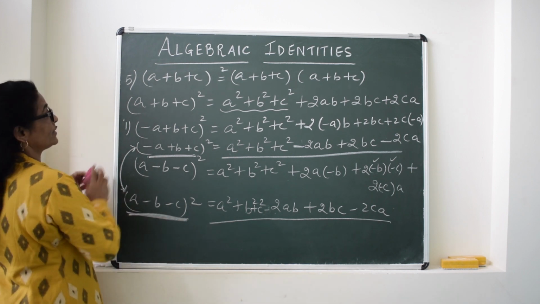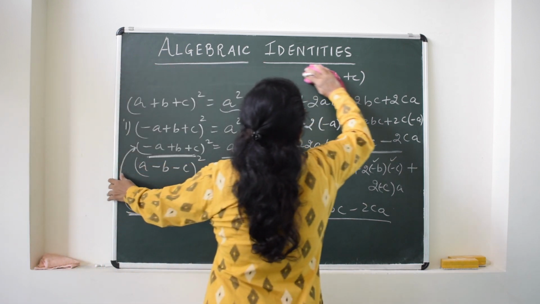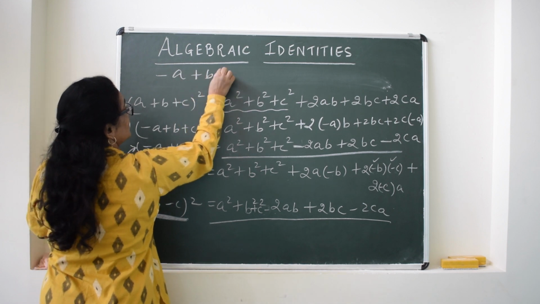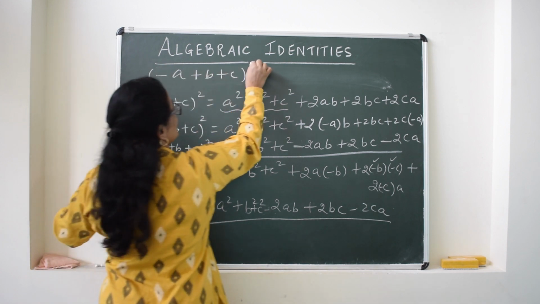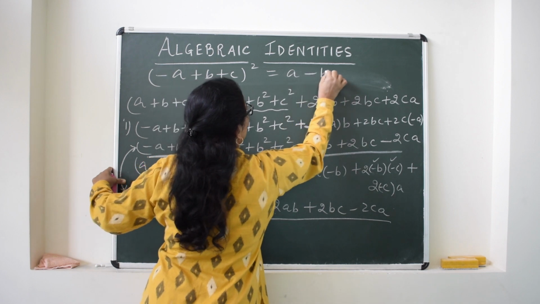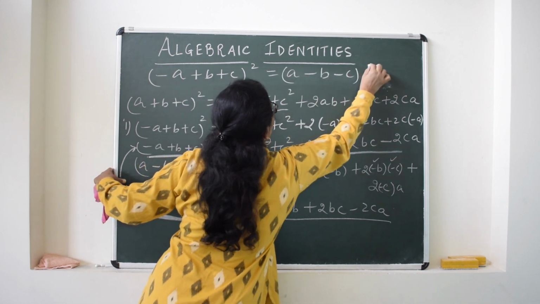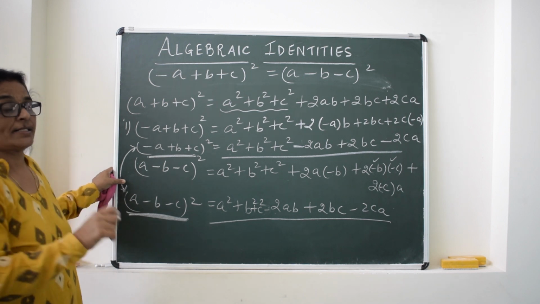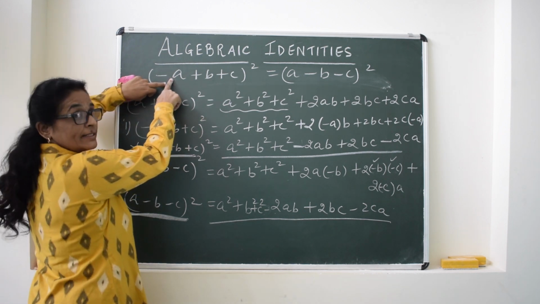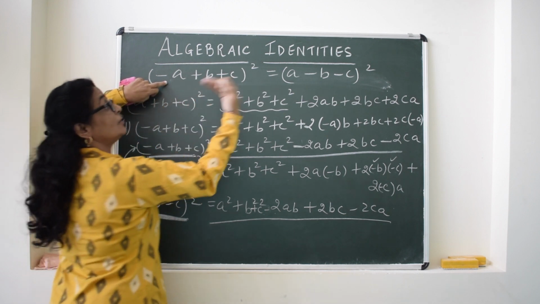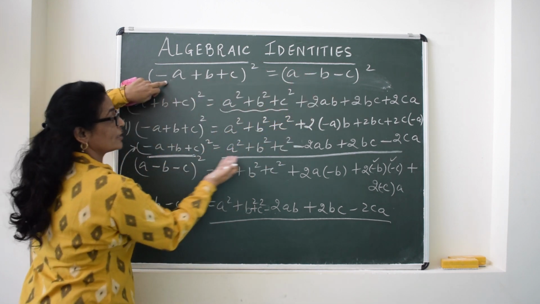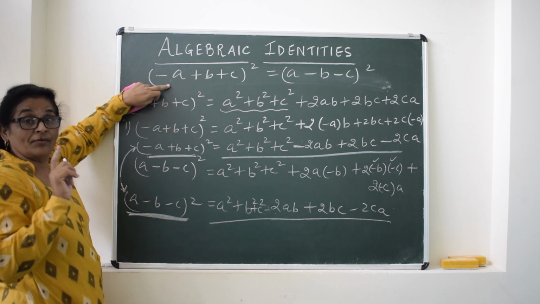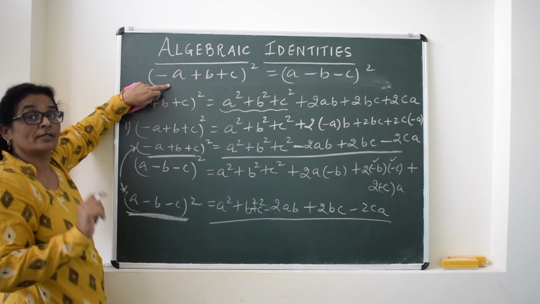So we can write minus a plus b plus c the whole square is also equal to a minus b minus c the whole square. It means that if the first term is negative or the other two terms are negative, the expansions will be same. On the basis of this, we can conclude the next two results also.